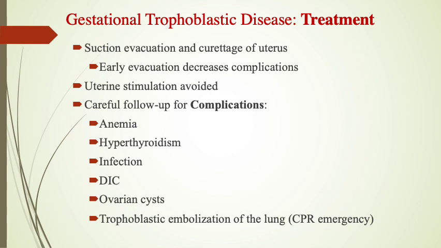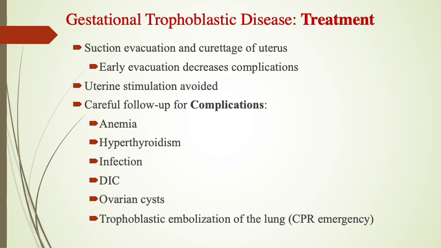Careful follow-up for complications, and these complications include anemia, hyperthyroidism, infection, DIC, and this DIC stands for disseminated intravascular coagulopathy or coagulation. We're going to talk more about this DIC towards the end of this lecture.